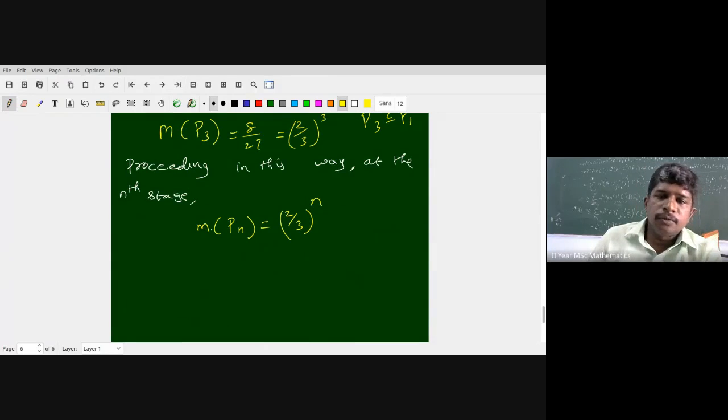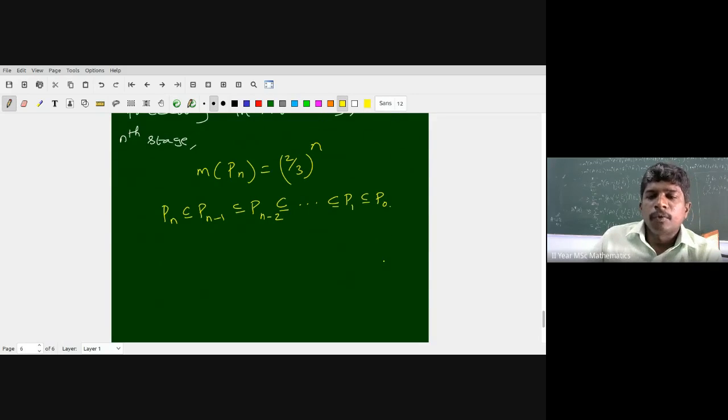So not only do we calculate the measure, we also have the following. Pn is contained in Pn minus 1, Pn minus 1 is contained in Pn minus 2, and so on, contained in P0. What about the measure of P0? It is 1, so it is finite.